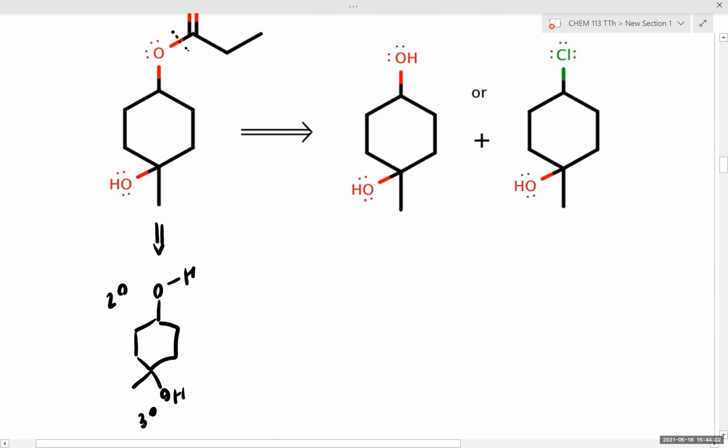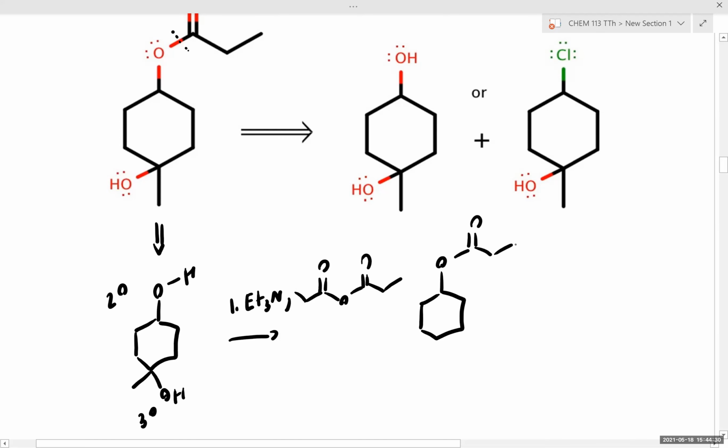The secondary, right? So if we treat this, for example, with triethylamine, and then we add acetic anhydride, that would give us our desired, not acetic anhydride in this case. We have to treat with the following anhydride to install this 3-carbon chain.